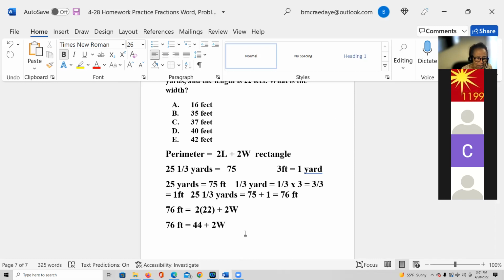Oh, because it says if I want 2W on both sides. No, I didn't say both sides. I said I want 2W on the right side by itself. So what do I do with the 44? Divide. Why would you divide? Because I'm just thinking that one is 22 and one is 22.